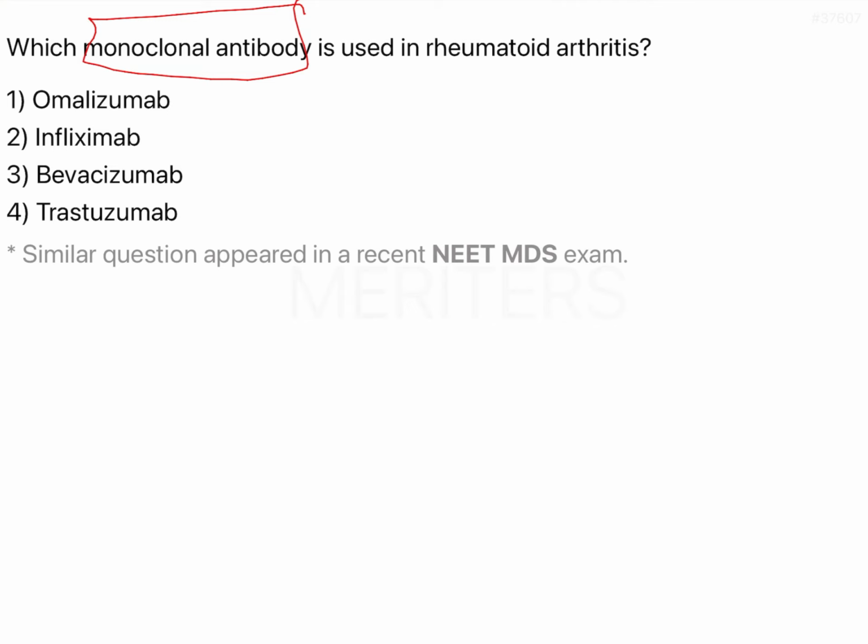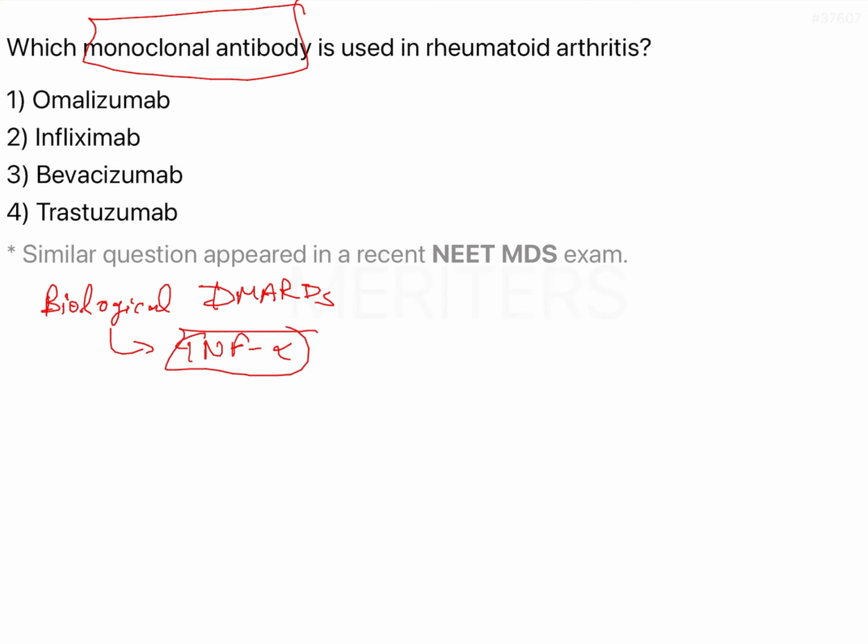So yes, we should understand there is something that is known as the biological DMARDs. Okay, I'll just write biological DMARDs, and there's something that is known as the TNF alpha. So if you remember, these are kind of cytokines, right?